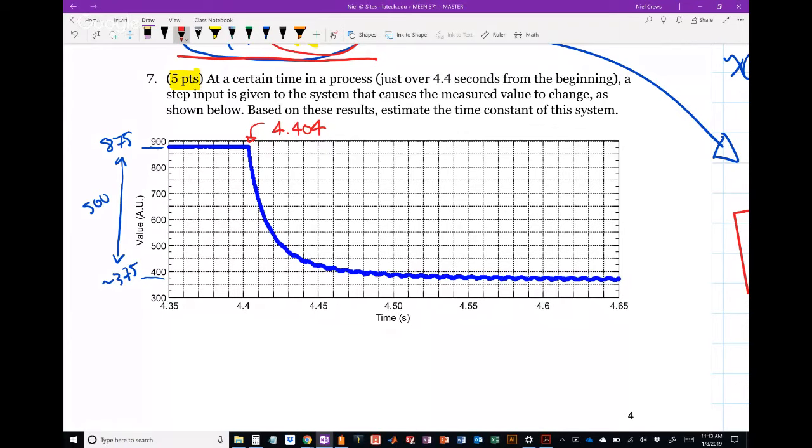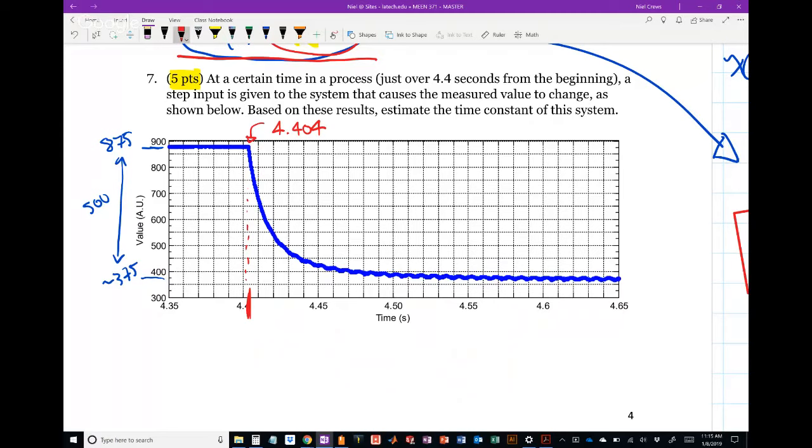What we want to see is the time constant, which is 63.2%. How long does it take to get from this time, where it started, out to some place around here where it's 63.2% of the way there?